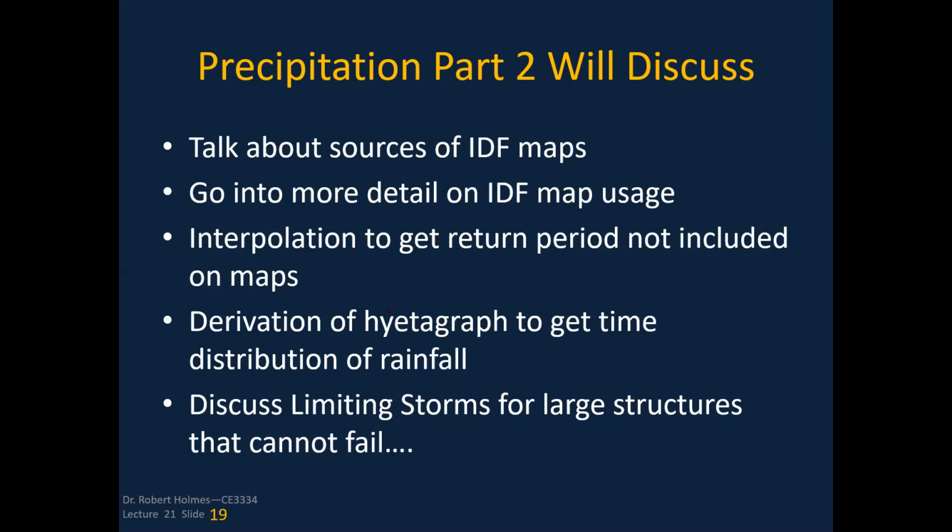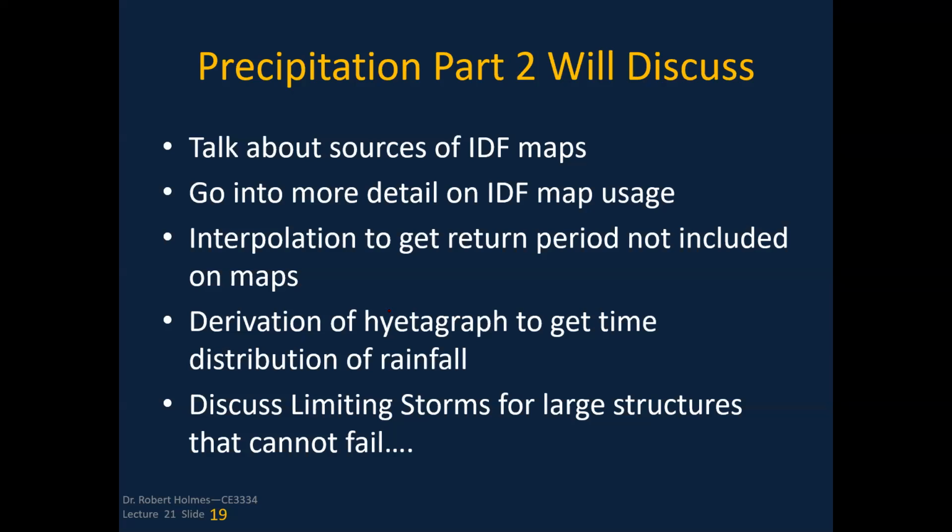So when we go to NOAA Atlas 14, we're going to get an amount or a rate that's going to be the total for that duration, be it a 5-minute or an hour or 6 hours. But then we sometimes have to interpolate because it may not have the actual frequency that we're looking for.